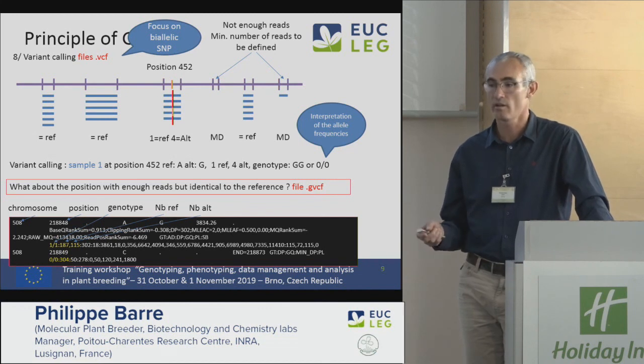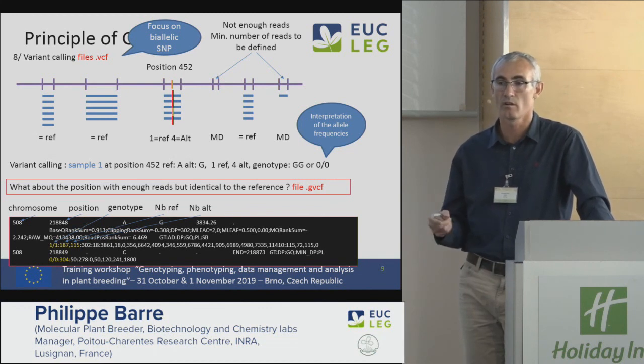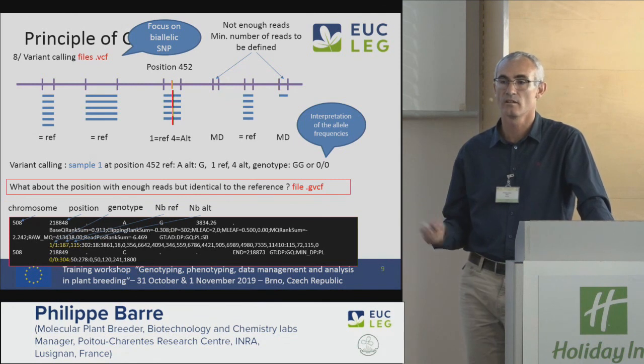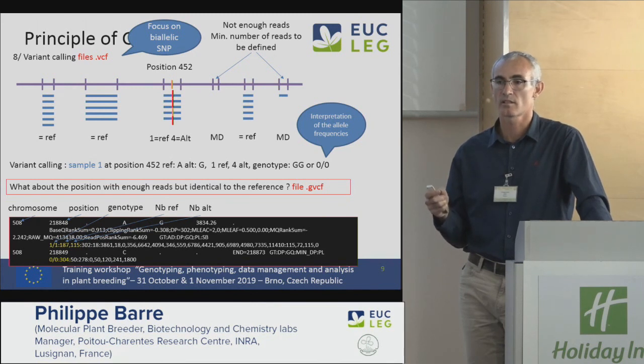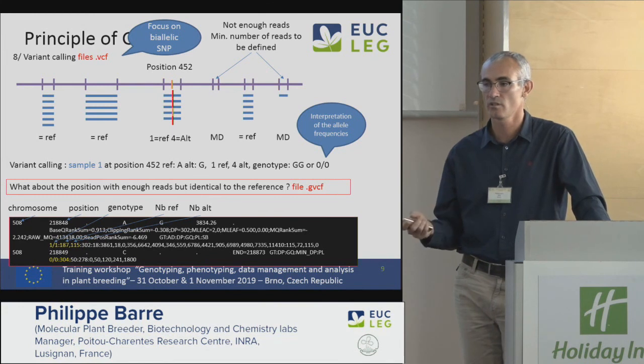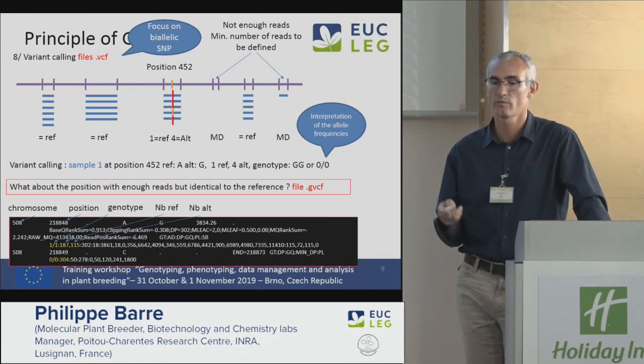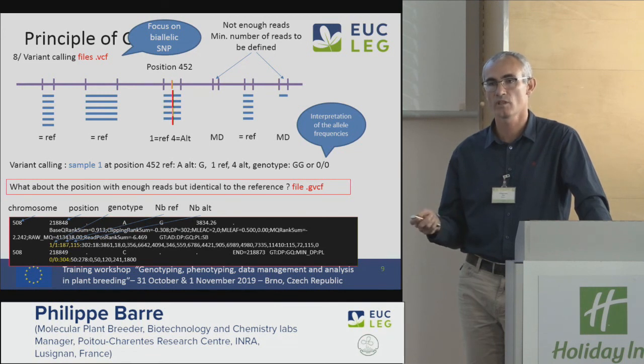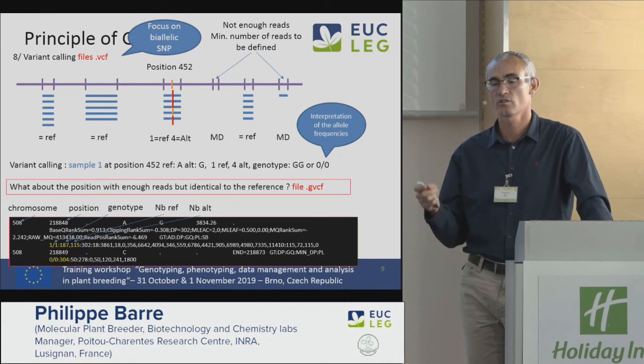You also have tri- or tetraallelic SNPs, but often we focus on the biallelic SNPs. And another thing is that you also have the information of insertion and deletion, but here also we focus on SNPs because it's difficult to treat afterward, and also because the insertion deletion could be wrong, the position could be wrong in the alignment.